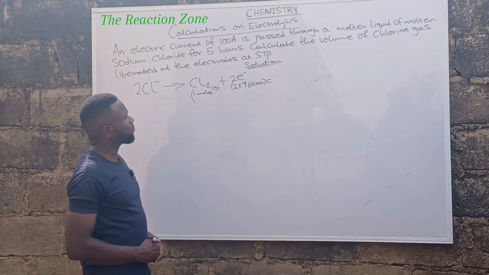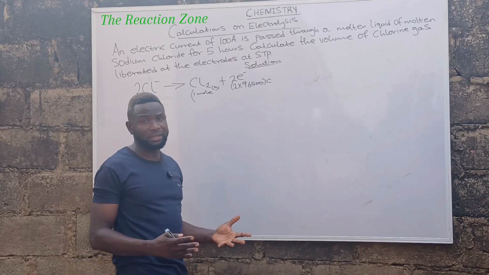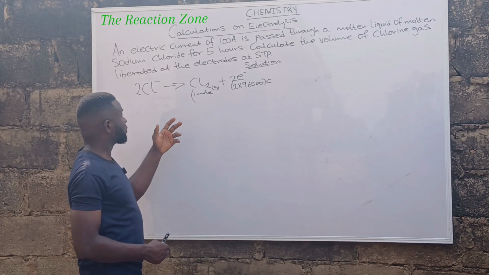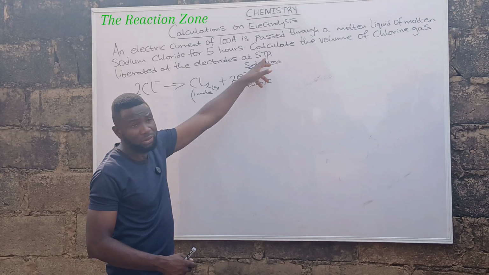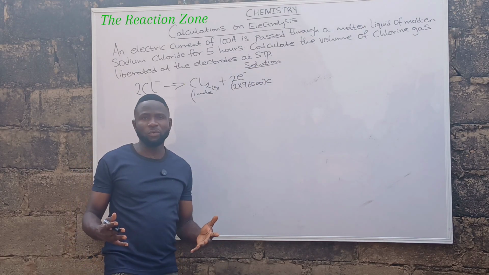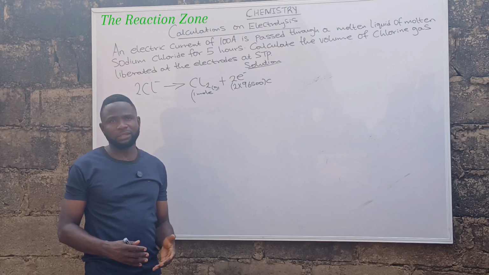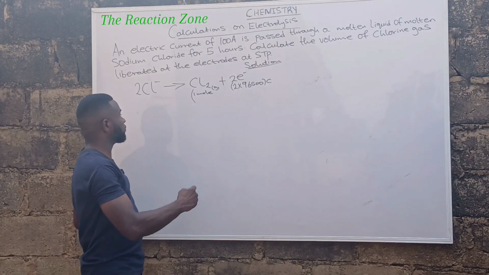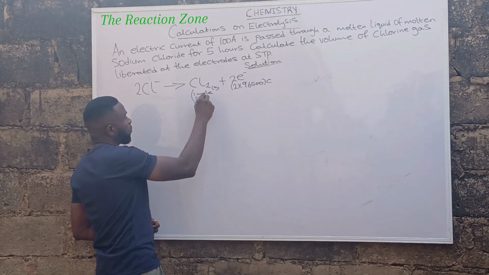The question is telling us to find the volume of chlorine gas that is liberated at the electrode at standard temperature and pressure. Now, we need to remember that 1 mole of any gas at standard temperature and pressure has a volume of 22.4 dm³.